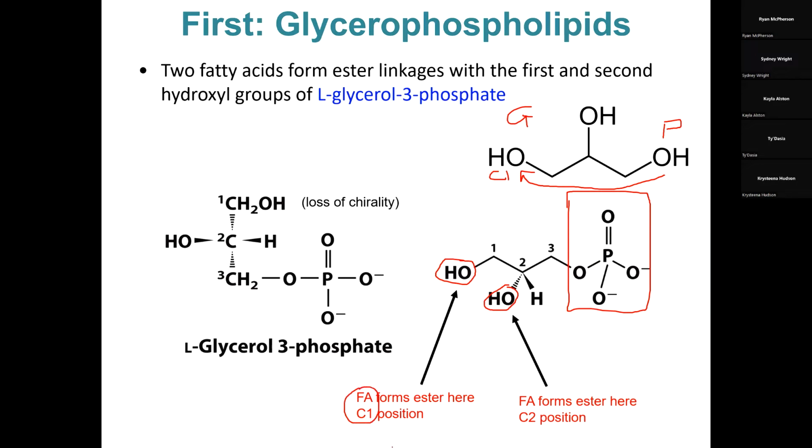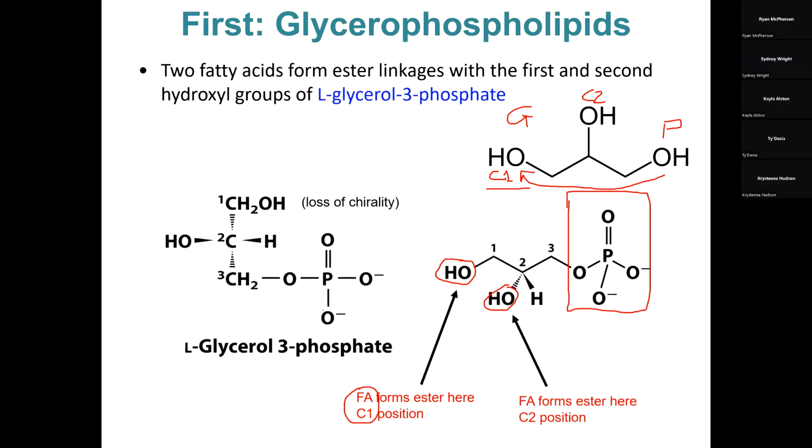And the fatty acid at the C1 position is the first fatty acid. Then you have the second fatty acid, and then the phosphate is the furthest away from the first fatty acid attached to the alcohol here, forming the acyl of the acyl glycerol.